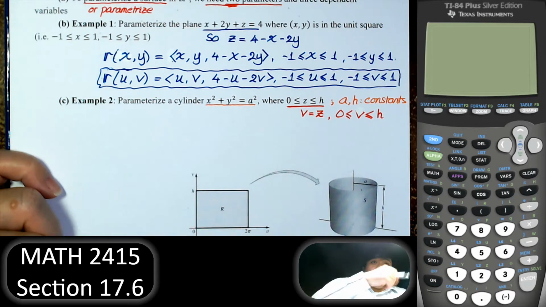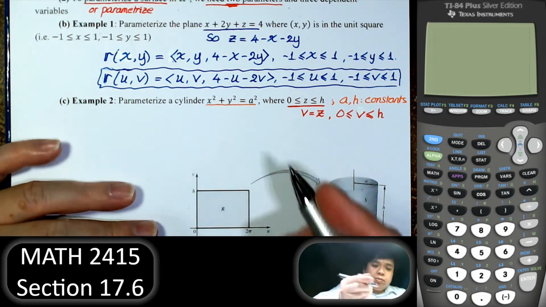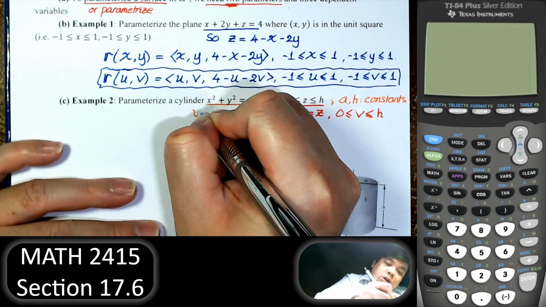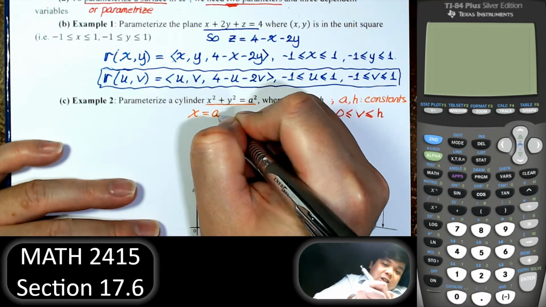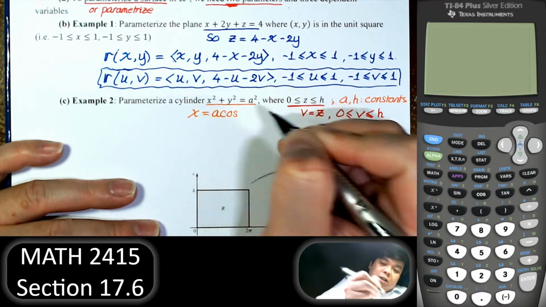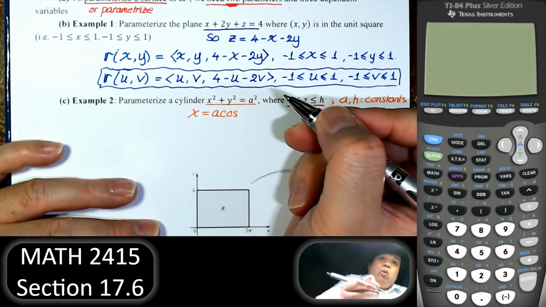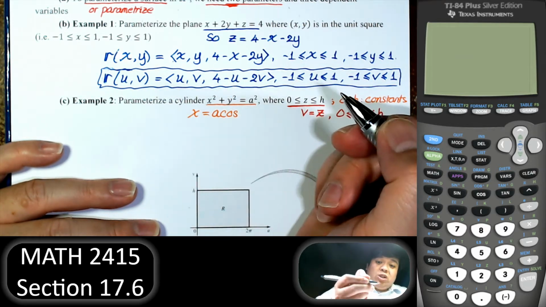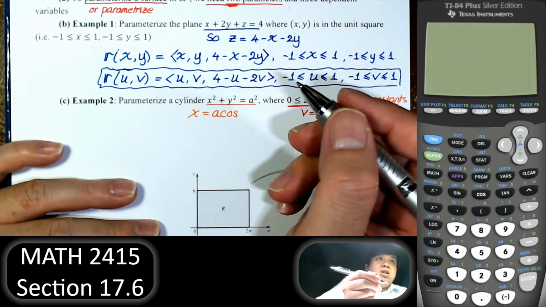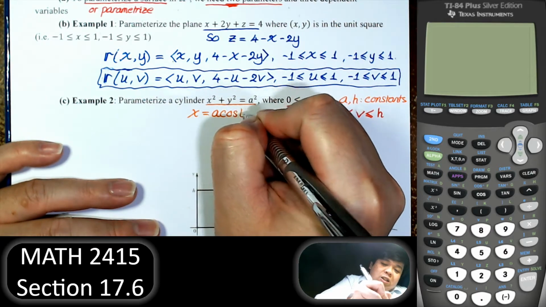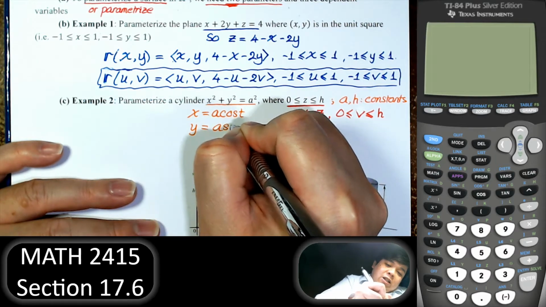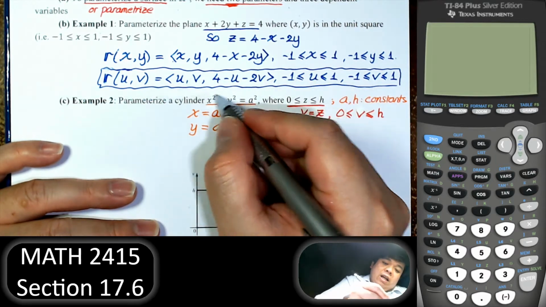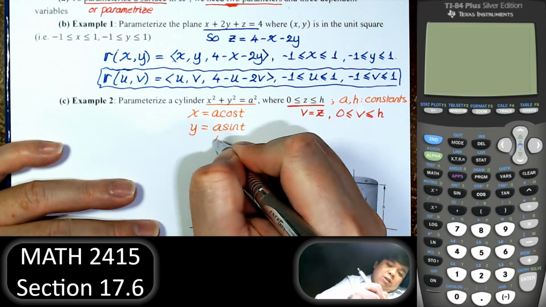That means we only need the parameterization of a circle. So we let x equal a cosine t. We could use theta if we want to, or t, u, or v, it doesn't matter. Let's use t, and y equals a sine t. And this is a circle, so t is between 0 and 2 pi.